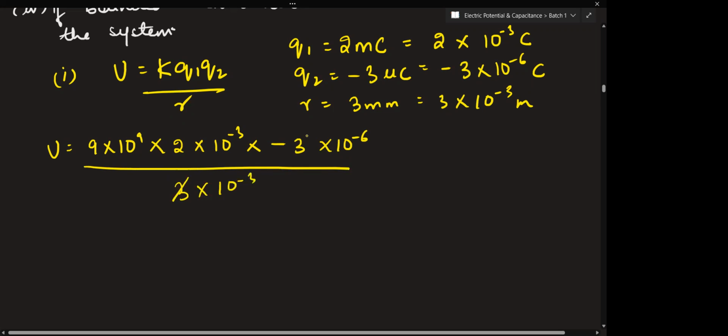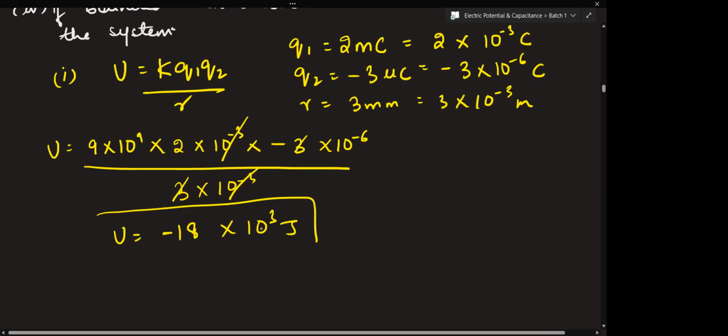So 3 gets cancelled, and 10 to the power minus 3 gets cancelled. 9 multiplied by 2 is 18, minus sign is there. 10 to the power 9 multiplied by 10 to the power minus 6 is 10 to the power 3 joules. This is the potential energy.